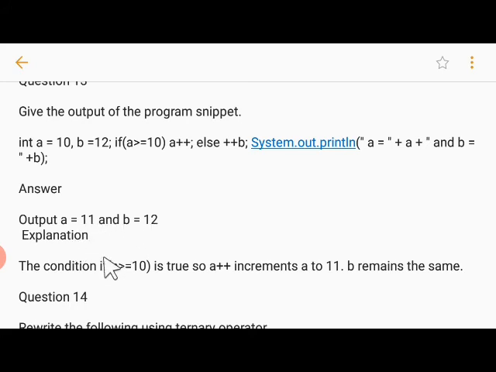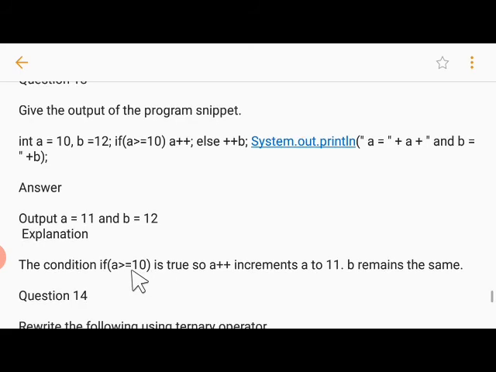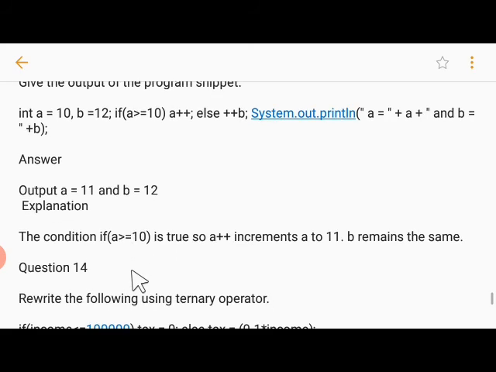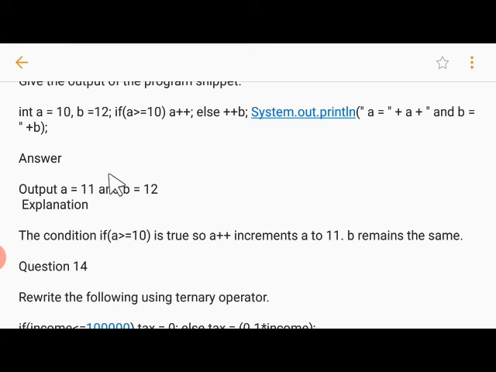So the explanation: the condition is if A >= 10 is true. Right now A is 10. It's not greater, but it is equal to 10. So in that case you have to increase the value of A. But it is post-increment, that's fine, no problem.